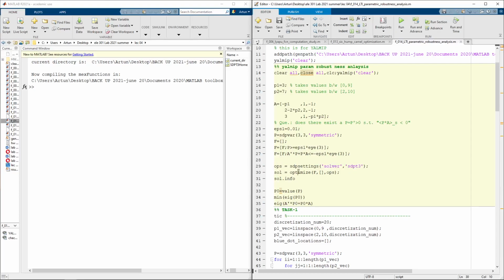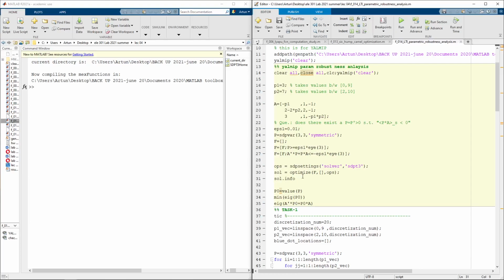The optimize function structure is this: first argument is the constraints, and second, the objective. For example, we don't have any objective. This is only a feasibility problem. And then the options.